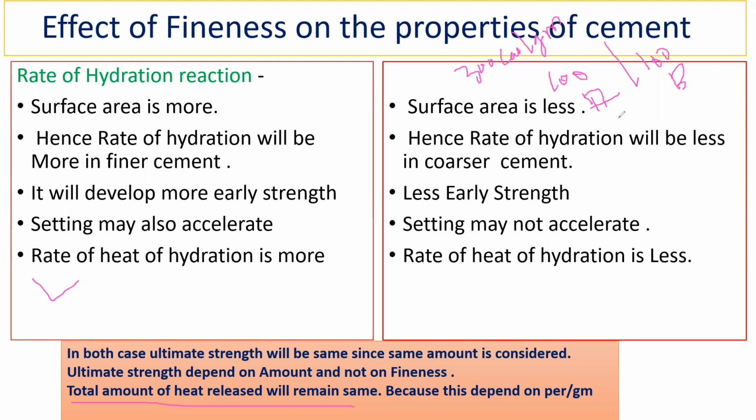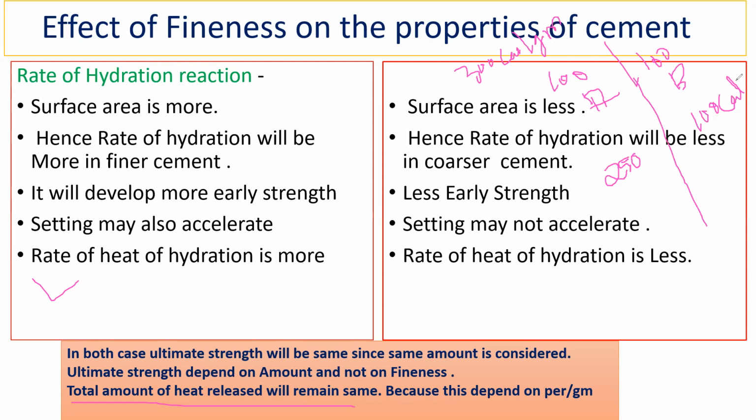Here in sample A, in the first 30 minutes, let us say around 250 calories of heat is released. But in sample B, in the first 30 minutes, only 100 calories of heat is evolved.